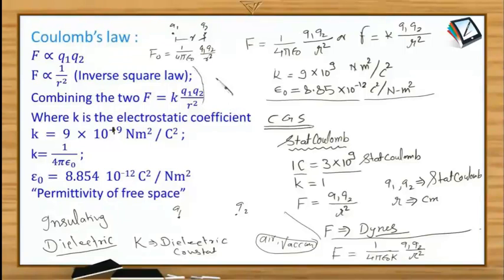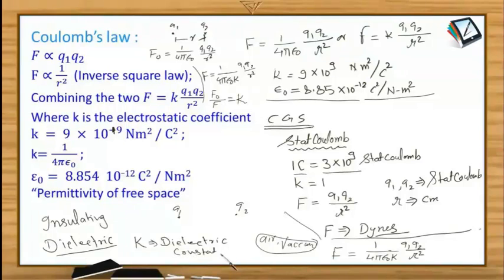And in case we introduce the insulating medium, then the force acting between the same two charges at the same separation will be 1 upon 4 pi epsilon naught into K into Q1 Q2 divided by R square. So if we divide F naught by F, what will its value be? You can see the value is going to be K.